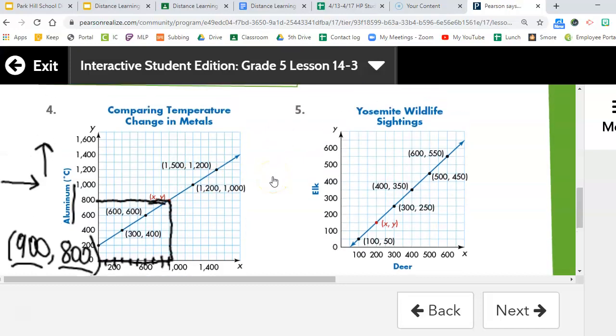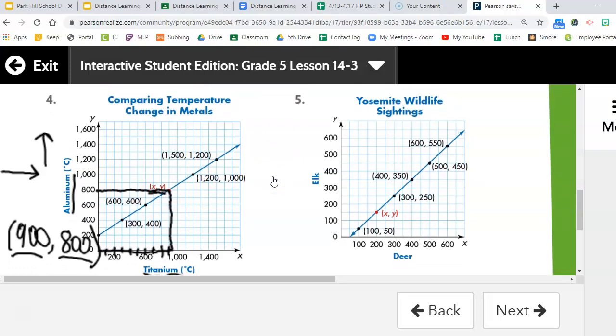We're going to do the same thing for the next one. All right? Yosemite wildlife sightings. So it says XY. So I'm going to go over x until I get to that dot. So it looks like my x is going to be 200. And then I'm going to go up to my y. And when I look over, it goes right here.